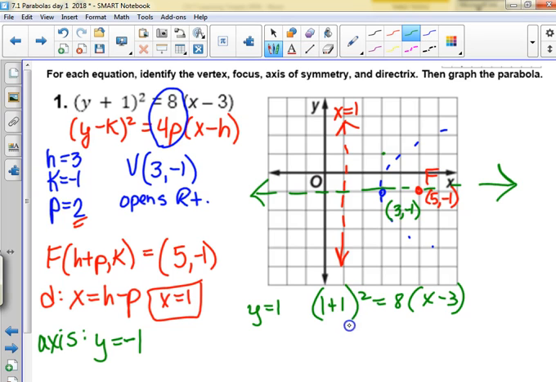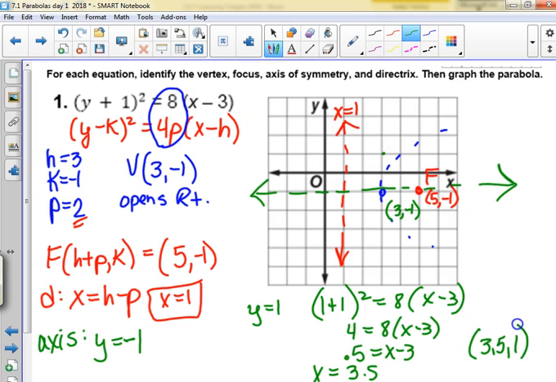1 plus 1 is 2, squared is what? Now, I could distribute over here, but can I just divide by the 8, guys? So I get 1/2. So I get 3.5. Did I go too fast? So when I put in a 1, I got 3.5.